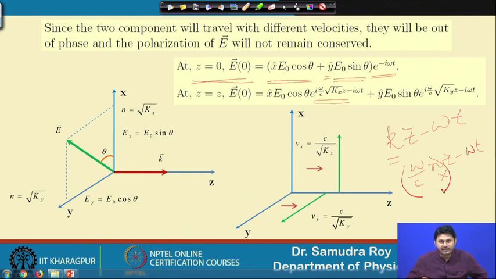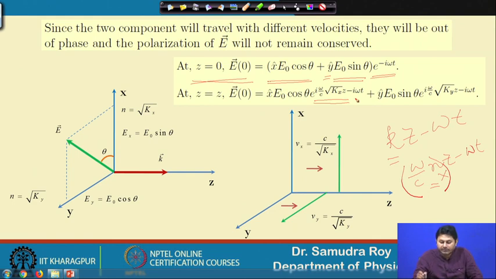I write n x because the refractive index along this direction is different. If I now replace n x by root over k x, then we have the term omega by c root over k x, which is nothing but the propagation constant along the x direction, times z minus omega t.